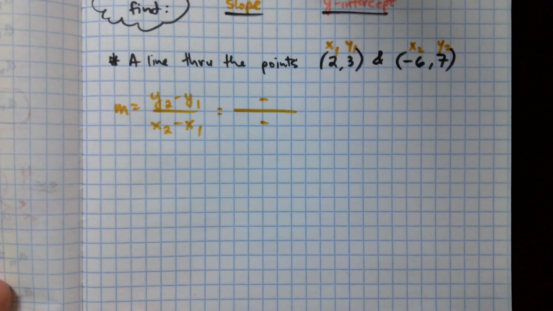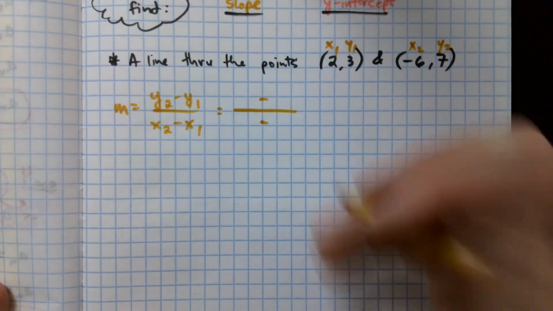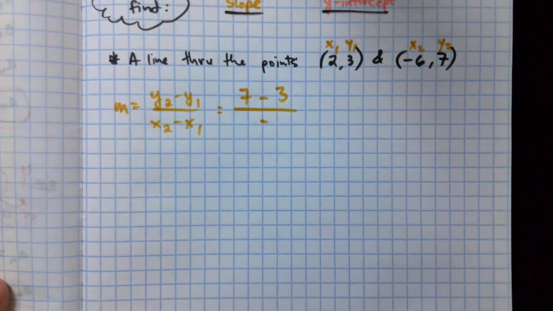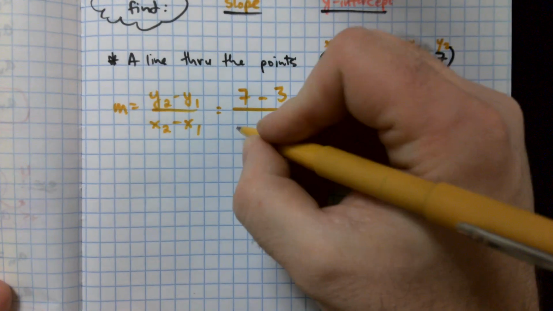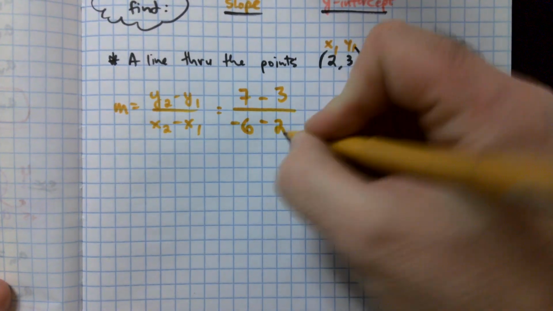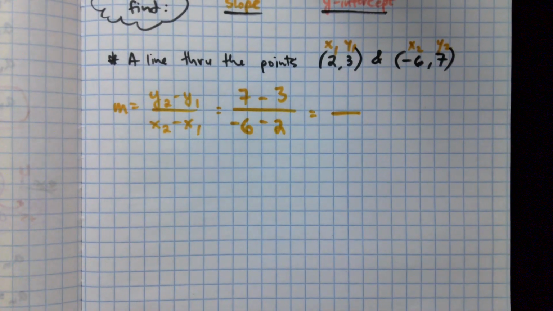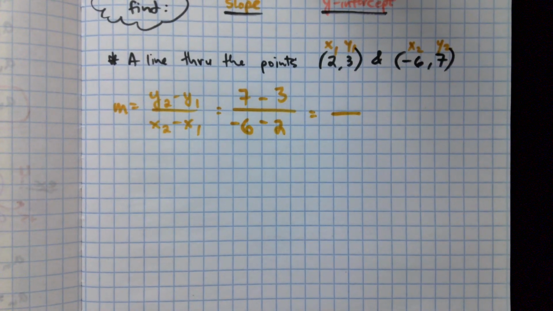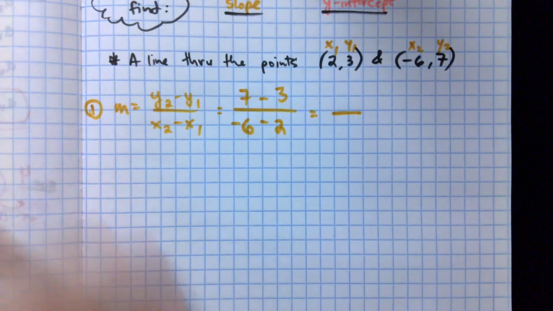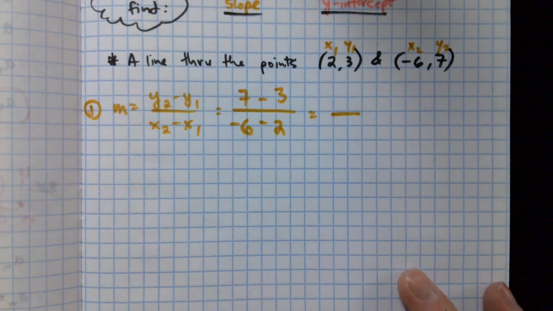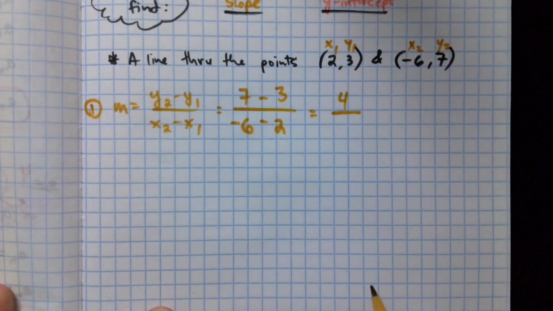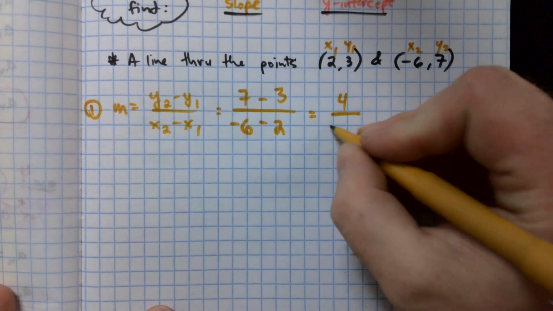I'm going to go in and plug these guys in. Y2 minus Y1 is 7 minus 3. X2 minus X1 is negative 6 minus 2. What does 7 minus 3 give me? 4. What about negative 6 minus 2? Negative 8.